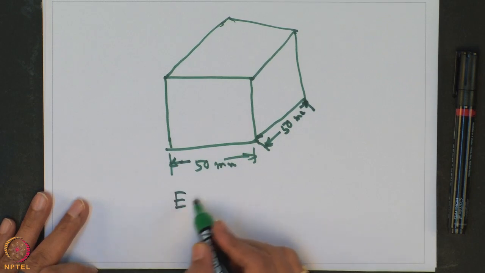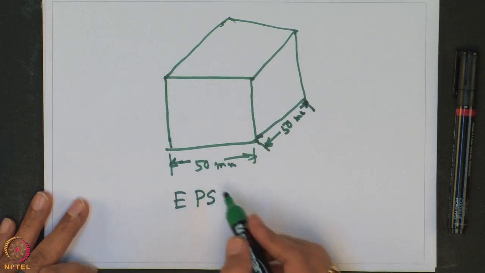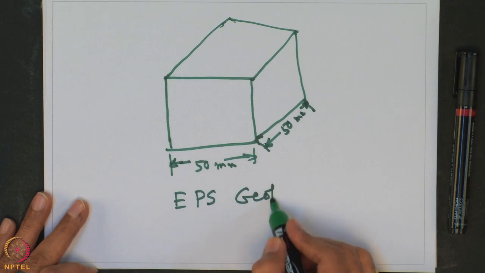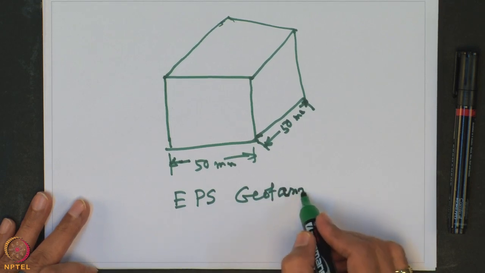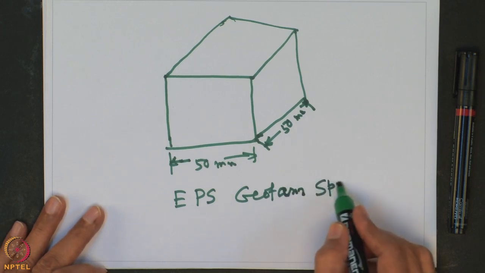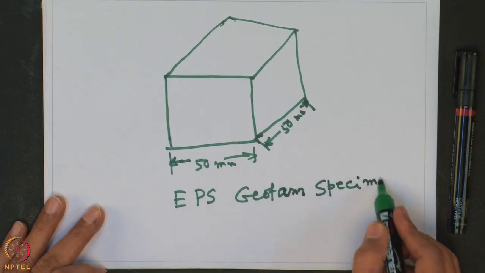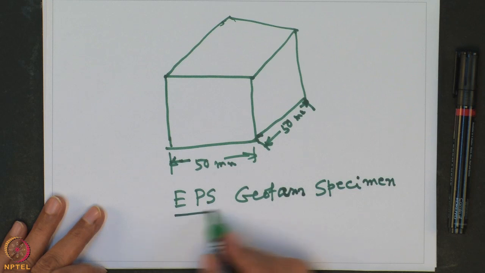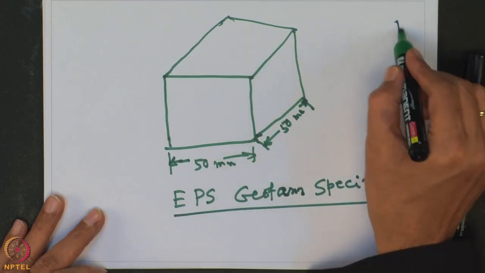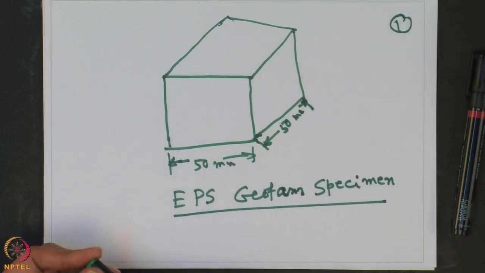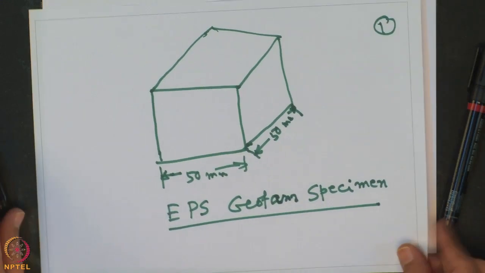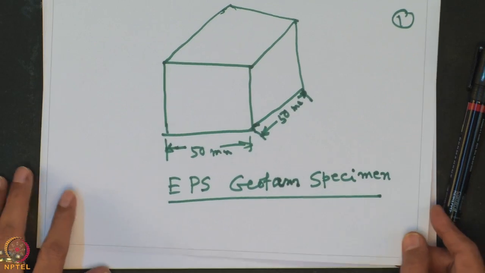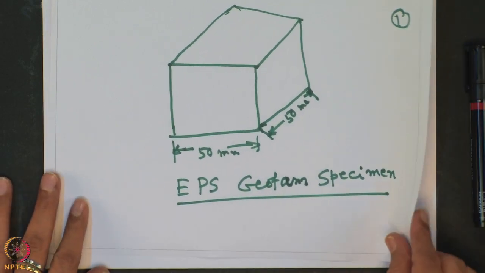So, this is the EPS geofoam specimen. This EPS geofoam specimen has a particular density. So, the size of the sample is in cube form, a 50 millimeter cube.